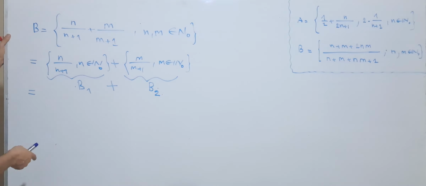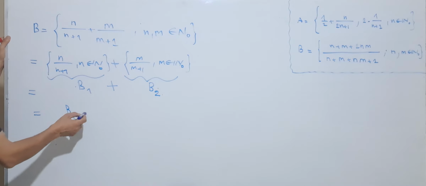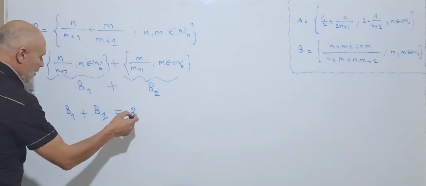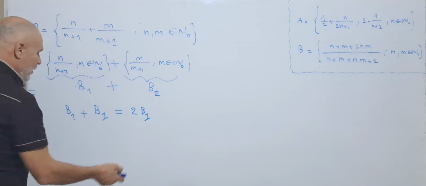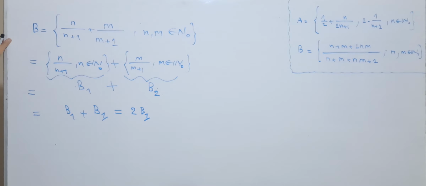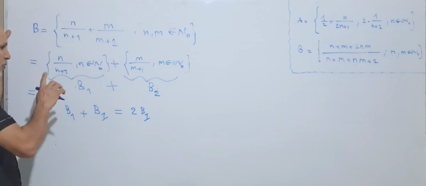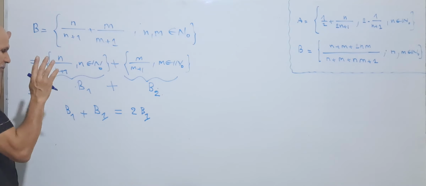So the supremum of B1 and the supremum of B2 are actually the same thing, B1 plus B1, which is equal to 2 times B1. This kind of thinking is just about the supremum and the infimum, not about the set itself.